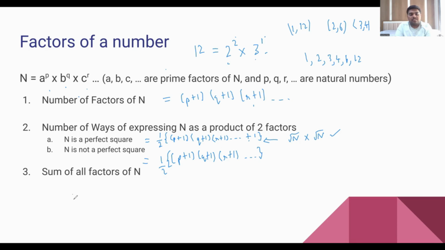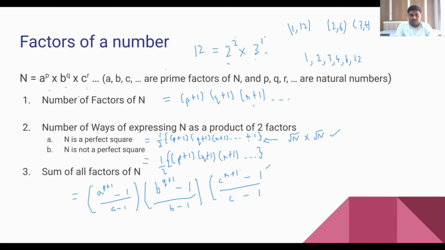The sum of all the factors of n is given by (a to the power p plus 1 minus 1) by (a minus 1), into (b to the power q plus 1 minus 1) upon (b minus 1), into (c to the power r plus 1 minus 1) upon (c minus 1).